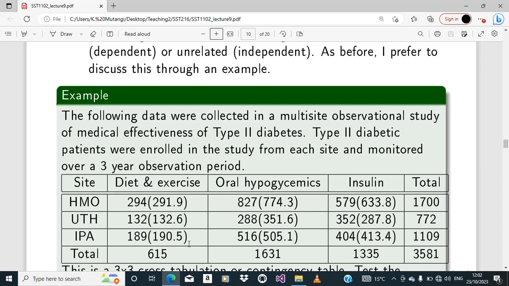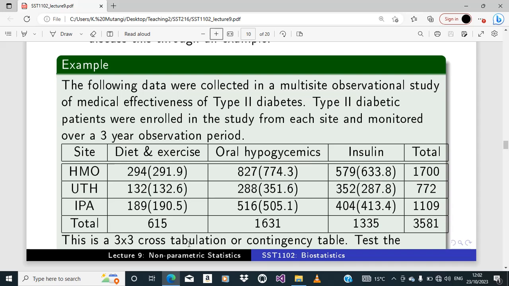Those are the three types. So ideally, you are given only the observed values. Initially, 294 for the first row, first column, then 827 and 579.